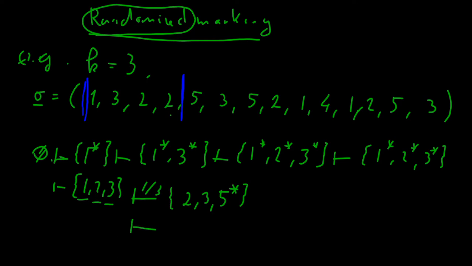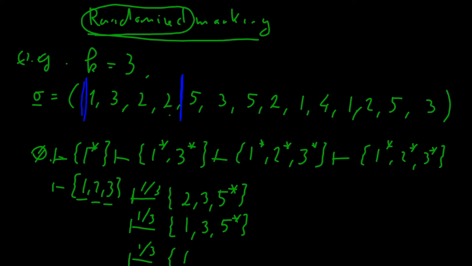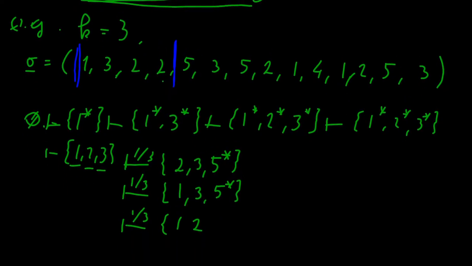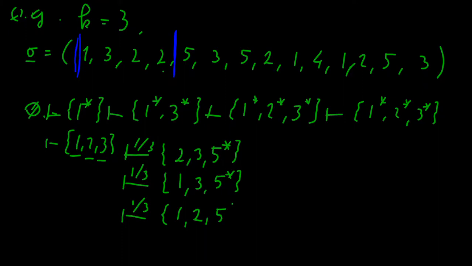With probability 1/3, I will discard the 2, so in this case I will have the 1, the 3 and the 5 marked. And then with probability 1/3, I will discard the 3, and I will have the 1, the 2 and the 5 marked. So that's 3 possible configurations I will be in after processing this input of 5.